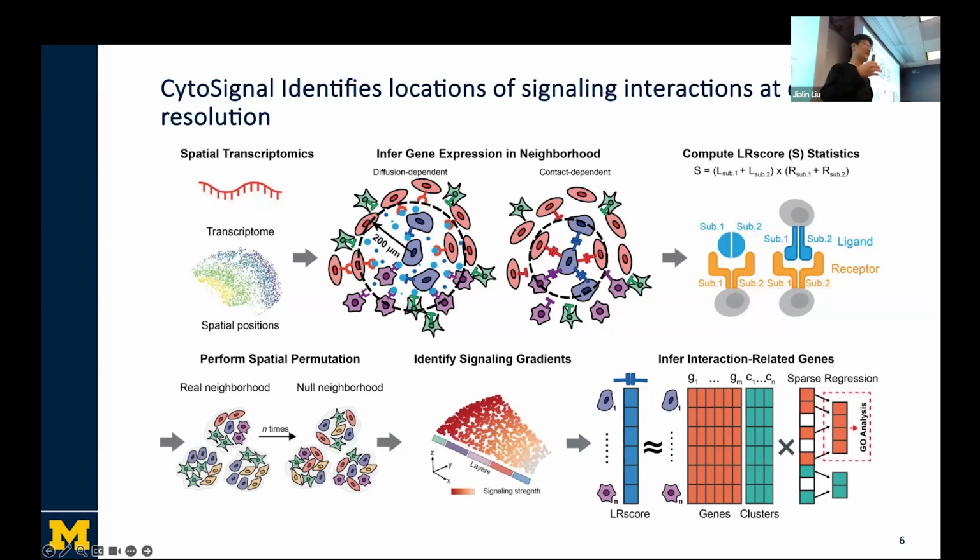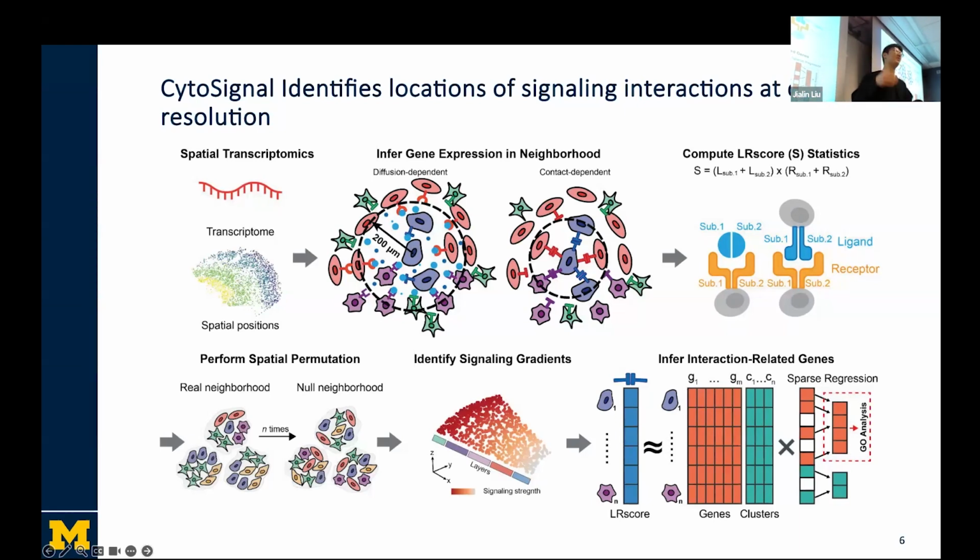So, if we're talking about the algorithm, the key idea is simply that we believe a cell-cell signal interaction only occurs when all of the required ligand and receptor components are expressed in close spatial proximity. Put in other words, the key assumption is that cells only communicate with their real spatial neighbors.